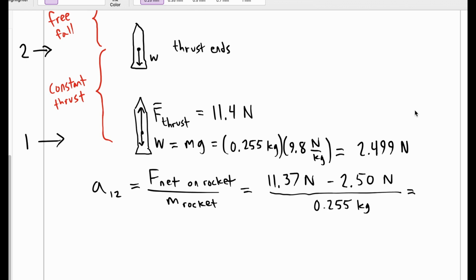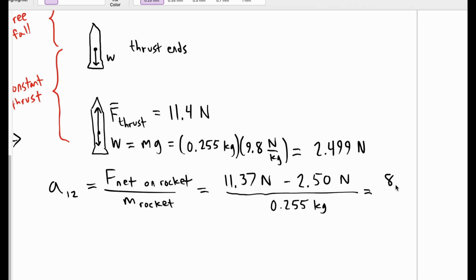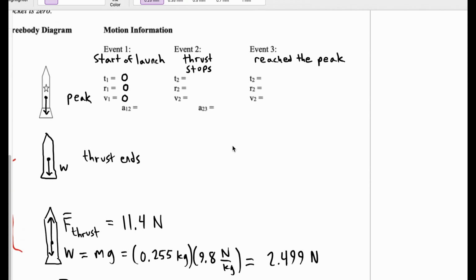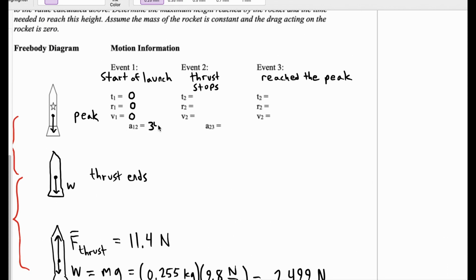Alright, so we get that acceleration. It's 8.87 newtons net divided by 0.255, 34.78 meters per second squared then. All right, so let's write that in.